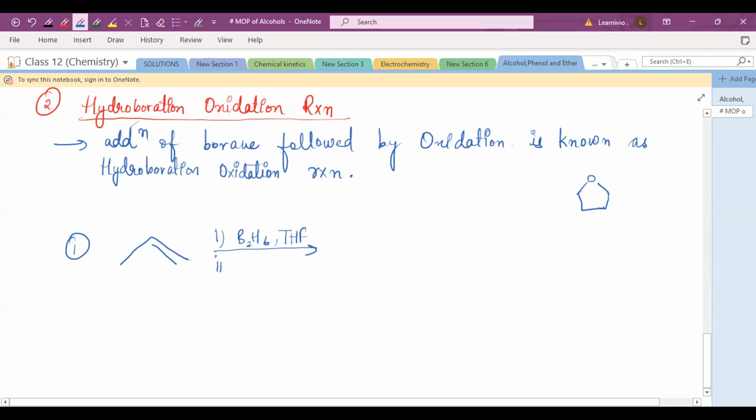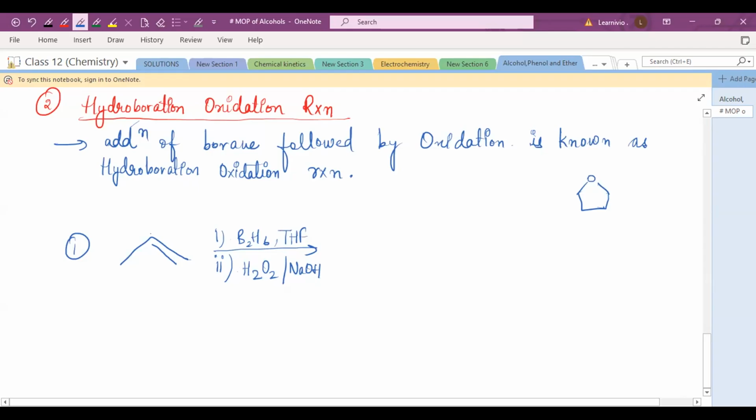And in the second step, the addition of borane is followed by the oxidation. And oxidation किसके presence में होता है? Hydrogen peroxide in the presence of sodium hydroxide, right? So what happens here? The hydroxyl group attaches on that carbon which has more number of hydrogen.